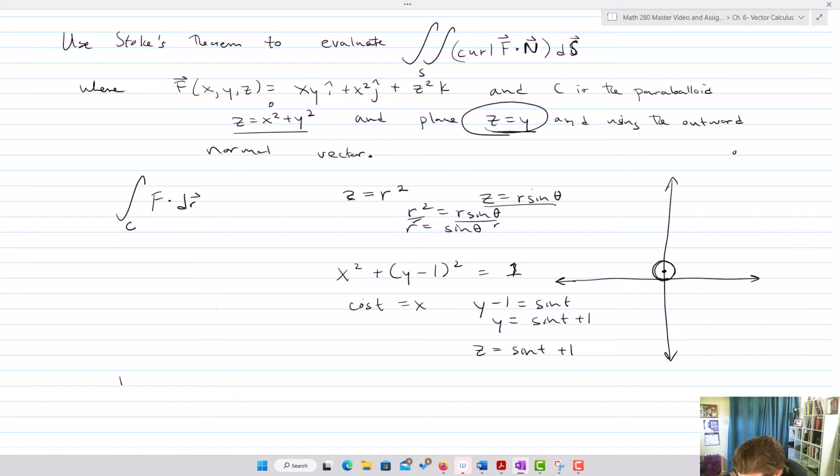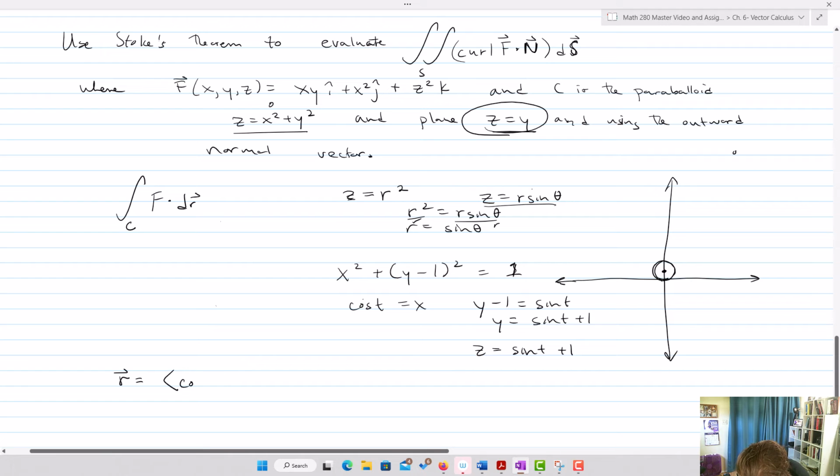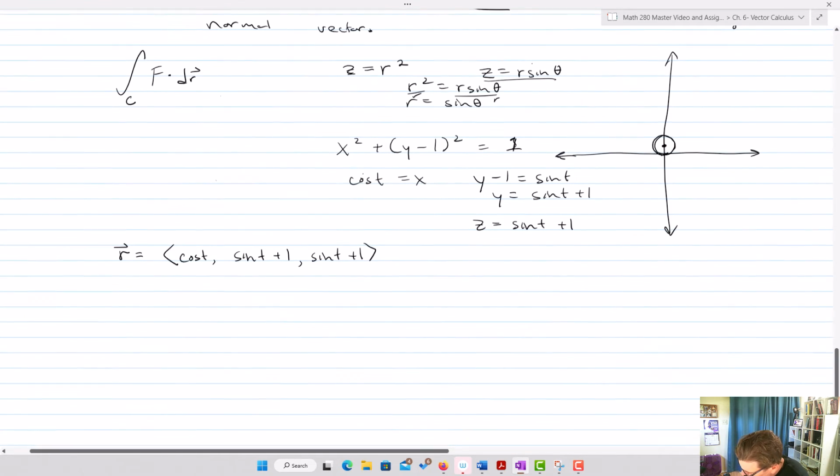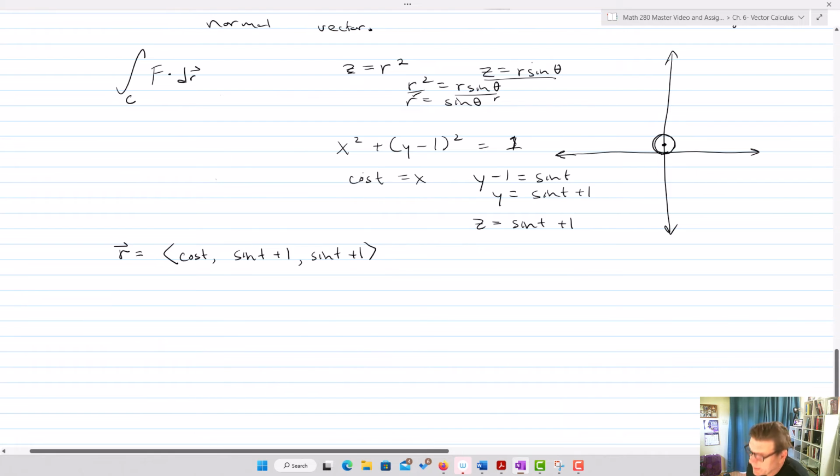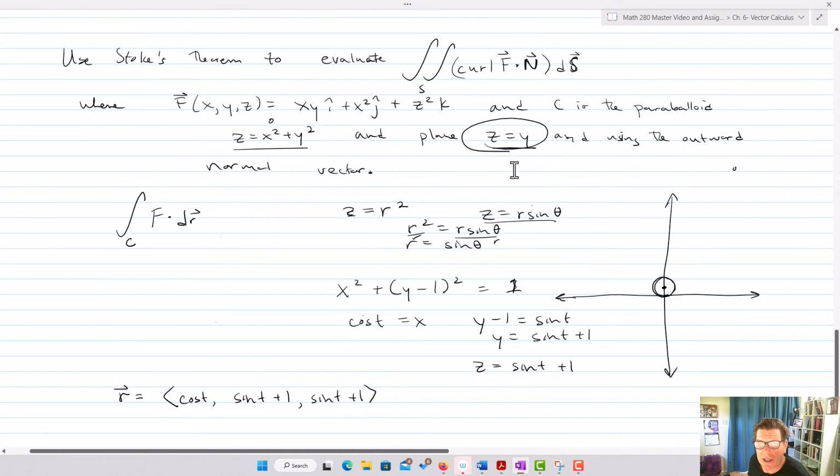So my r is going to end up equaling cosine t, sine t plus 1, sine t plus 1. Okay? And then I can go in and rewrite f in terms of r.